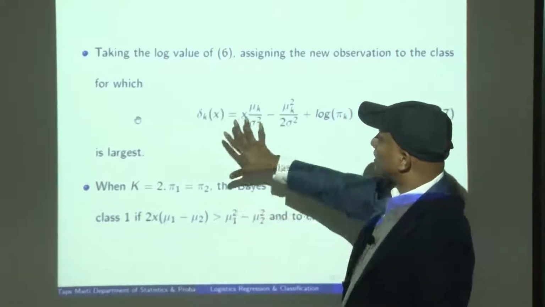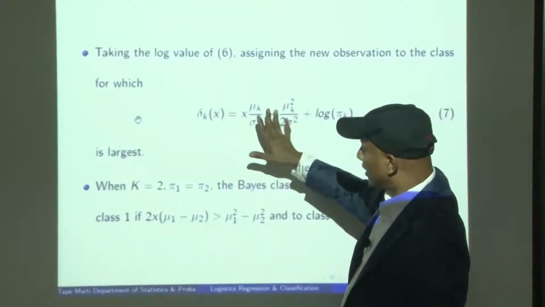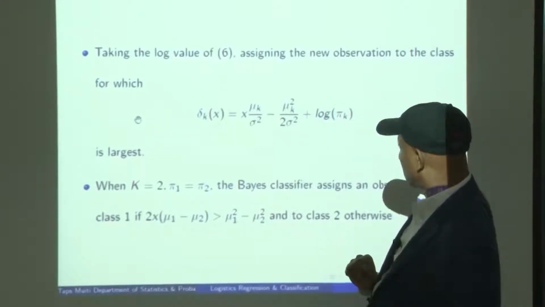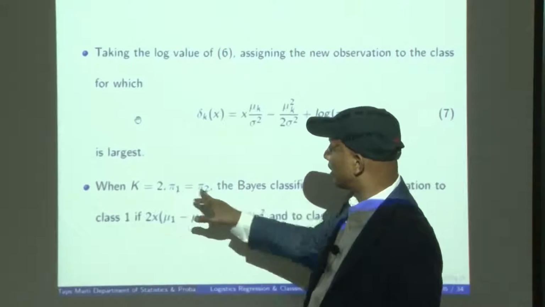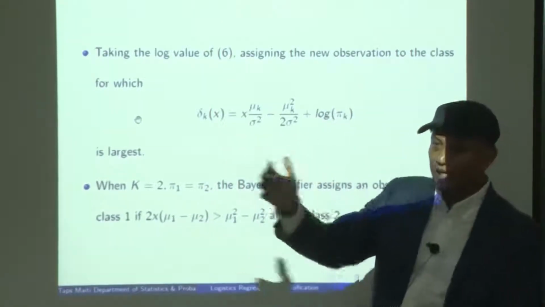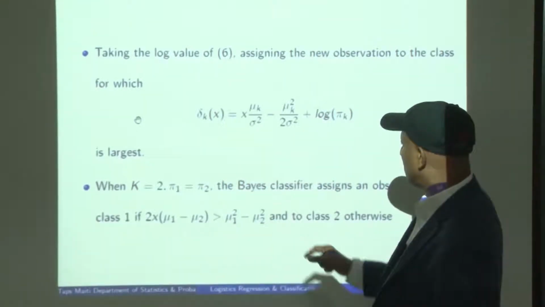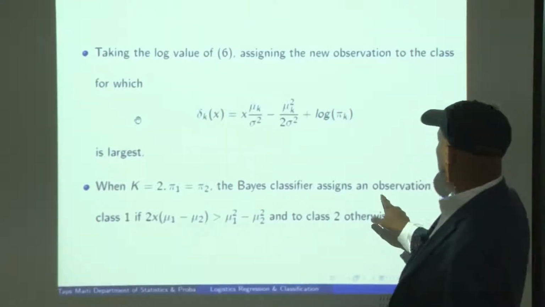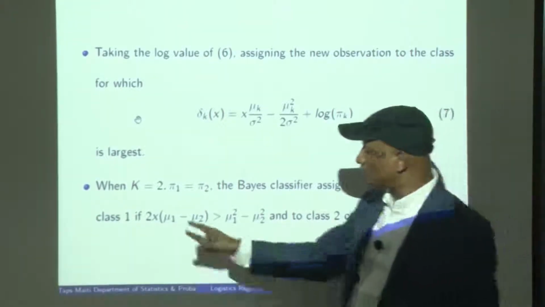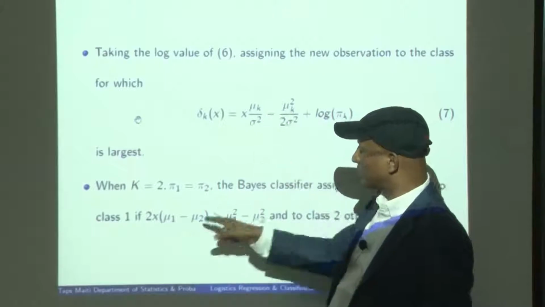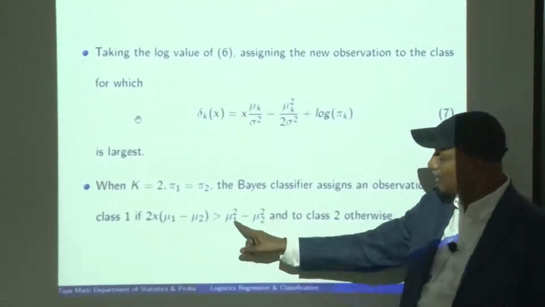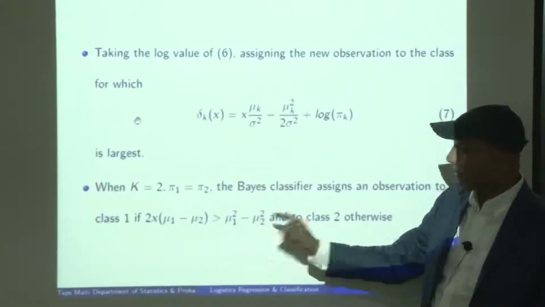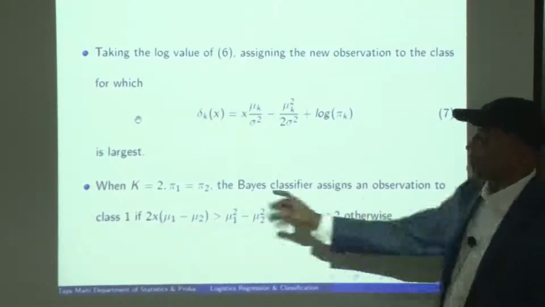So this defines the LDA. Let's have a little bit of discussion. When k equals 2, that means two classes, and suppose pi 1 equals pi 2, that means say male and female, half and half probability. The Bayes classifier assigns an observation to class 1, after some simplification, if this is bigger than the square of the difference of the means, and class 2 otherwise.